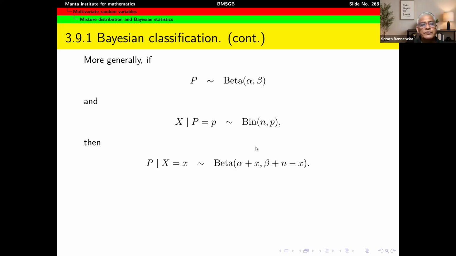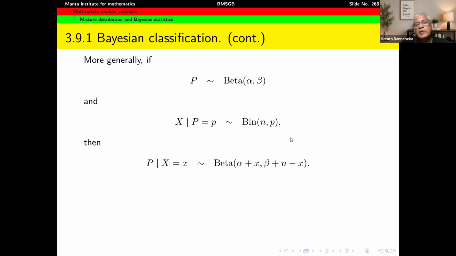So therefore, now in general, we can see both results, right? In general, we can see that the posterior distribution for given x is going to be a beta alpha plus x and beta plus n minus x. So this is the first shape parameter, and this is shape parameter 2, right?